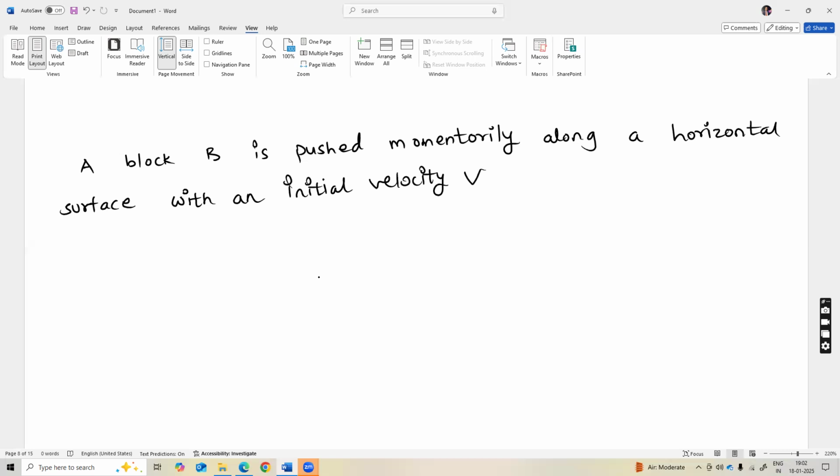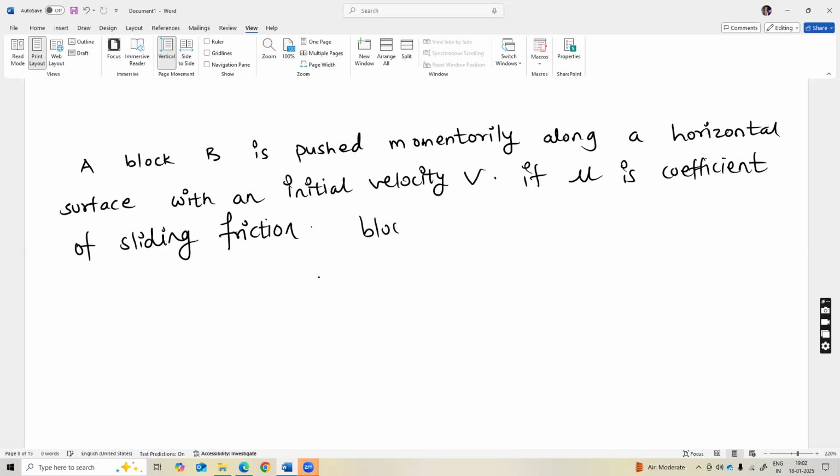If mu is the coefficient of sliding friction, block B will come to rest after how much time?